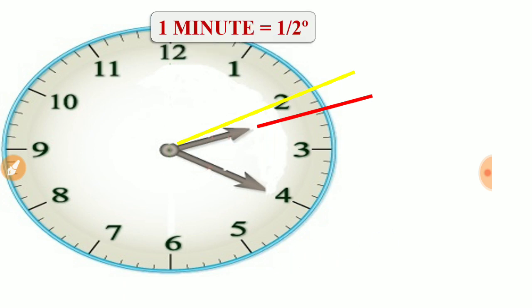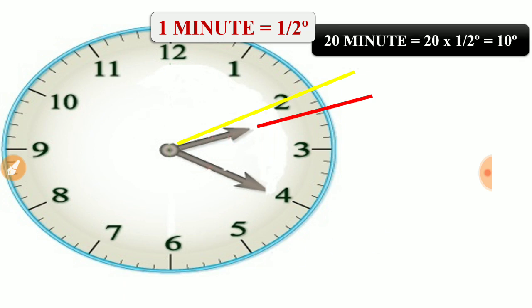We know that 1 minute is half a degree. So the hour hand moves from the yellow line to the red line, and that movement is equal to the 20-minute movement of the minute hand. If that gap is a 20-minute movement and 1 minute is half a degree, then 20 minutes is 20 into half, that is 10 degrees. So that gap is simply 10 degrees.